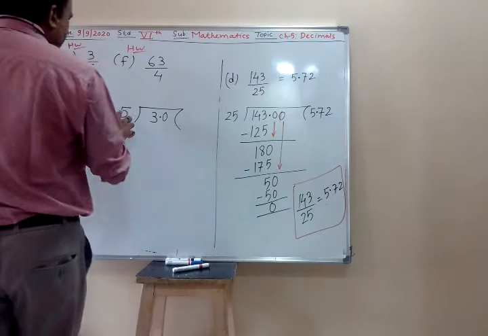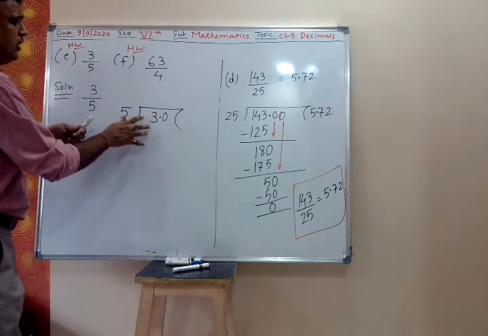Now let us solve this. It is 3. Now 3 is smaller than 5.